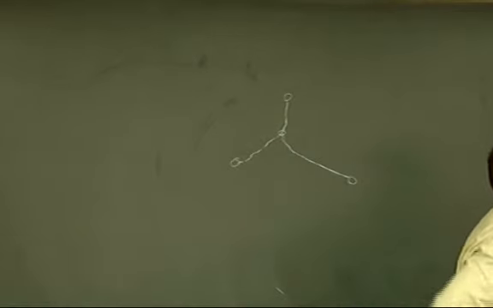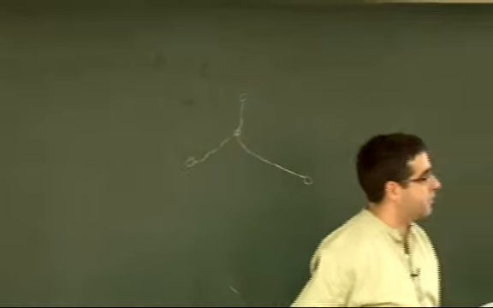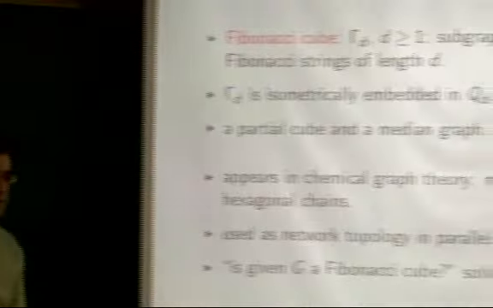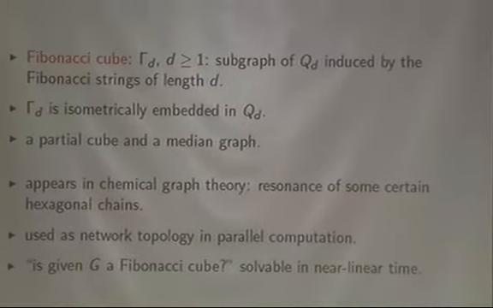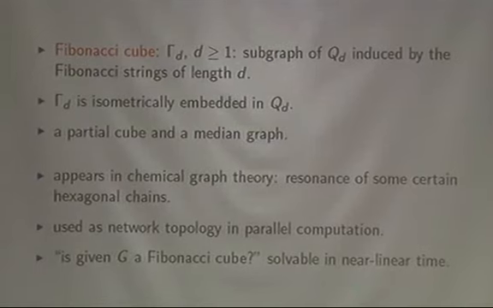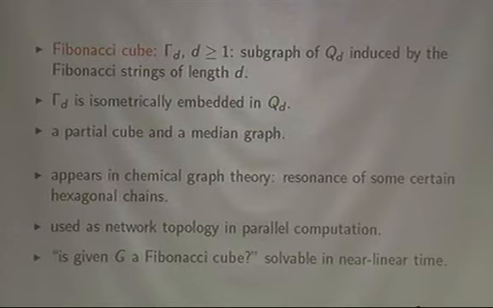Fibonacci cubes appear in chemical graph theory, as the resonance graphs of certain hexagonal chains. When you have a hexagonal chain, you look at perfect matchings there, and define some adjacency between different perfect matchings, and Fibonacci cubes appear. They were originally proposed as a network topology for parallel computation.